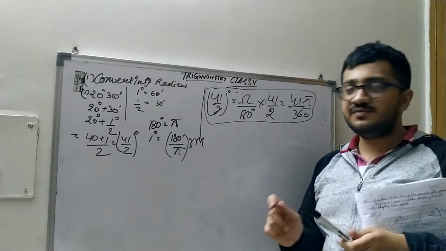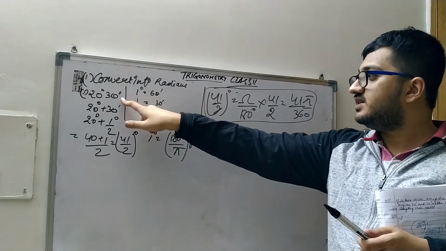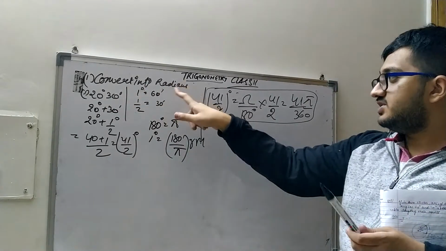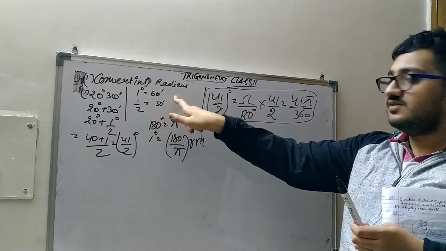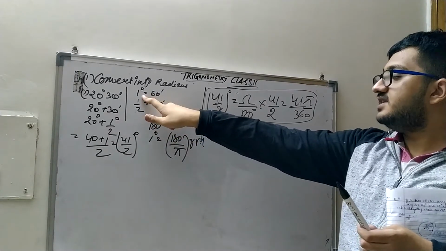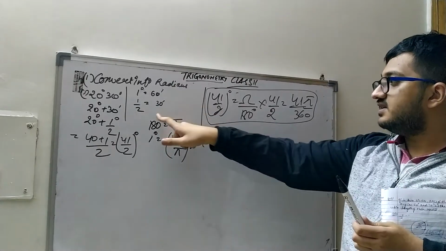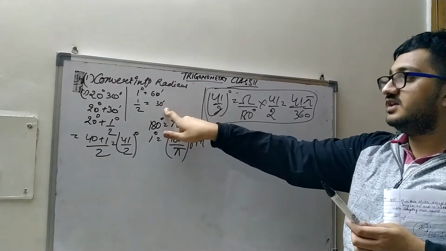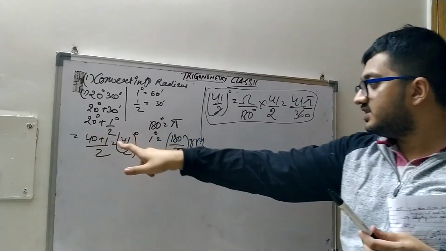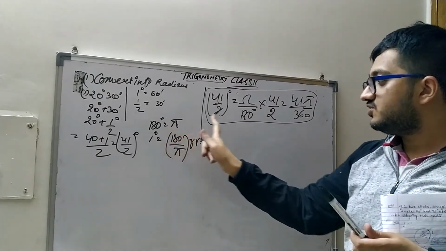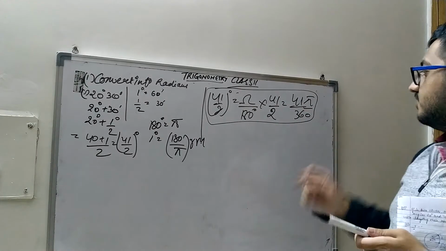So if we want to convert into radians and it is given in minutes, first we have to do the conversion. 1 degree is equal to 60 minutes, so half a degree is equal to 30 minutes. Then we solve the calculation, and since 180 degree is equal to pi, 1 degree is pi upon 180 radian measure, so it will be 41 pi upon 360.